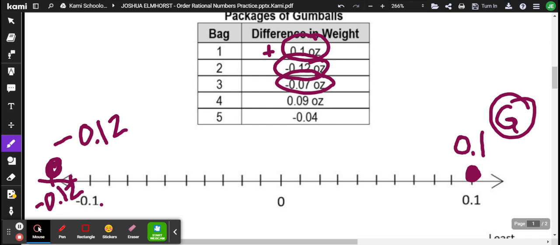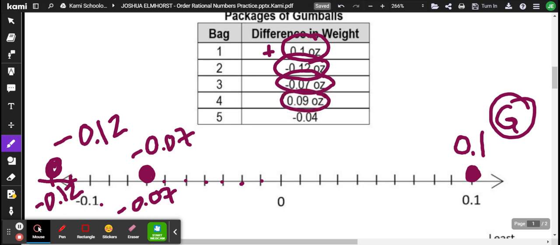The next one, we have negative 7 hundredths. We got 1, 2, 3, 4, 5, 6, 7 in the negative direction. Put a solid circle there. Negative 7 hundredths. Then we have positive 9 hundredths. Well, this is 10 hundredths, and this would be 9 hundredths right before that. 0.09.